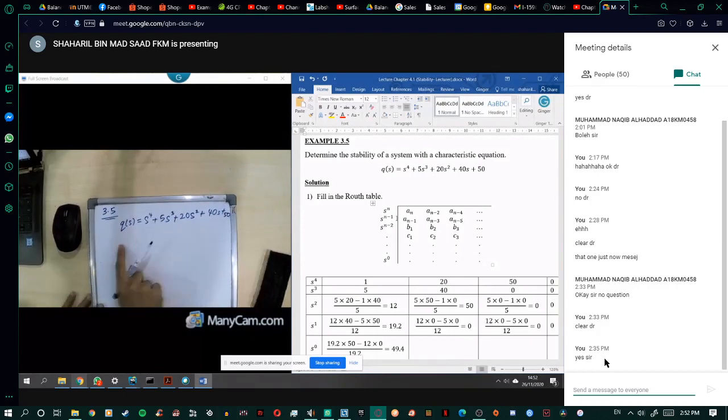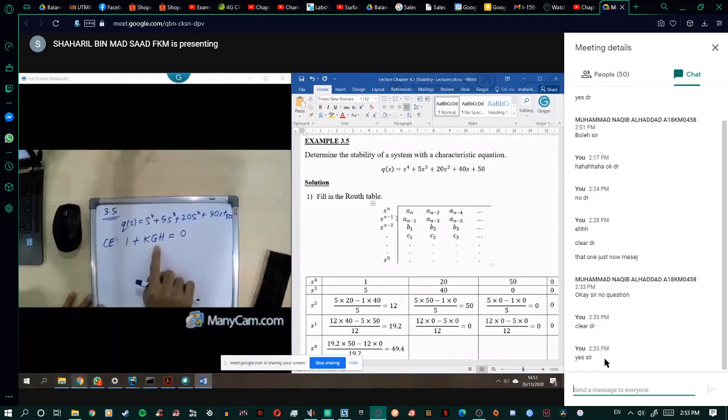So how do we get this equation? Remember, from the characteristic equation, CE, in control engineering. The characteristic equation is 1 plus KGH equal to 0. How to get this is based on your general block diagram, with G and H here and the feedback, plus or minus. So you put 1 plus KGH.